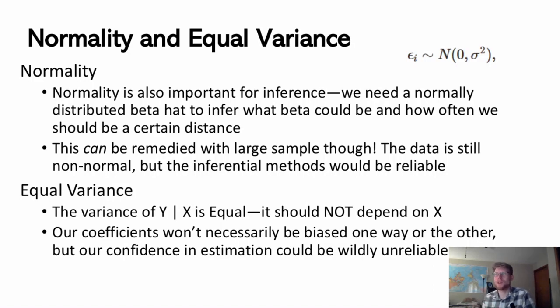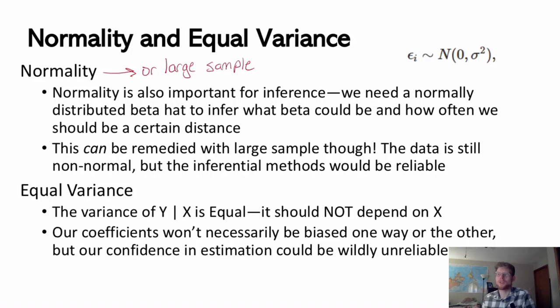So that's somewhat important, though I will mention here, normality is a weaker necessity, and that's because if I have a really large sample, I can still do confidence intervals for my beta coefficients. I can still do confidence intervals for the mean of y given x with some level of trust because of the central limit theorem.